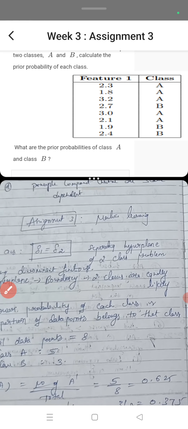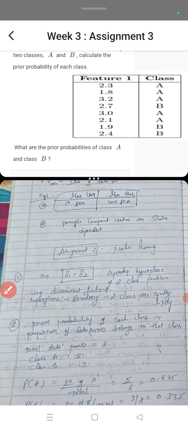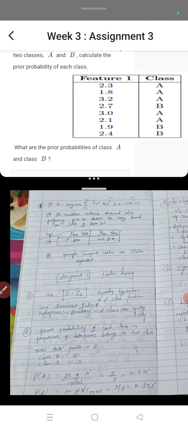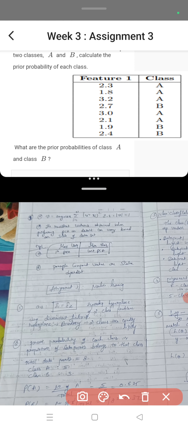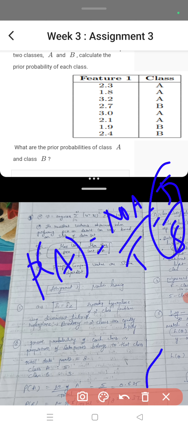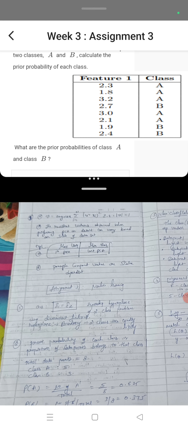The probability with respect to A is the number favoring A divided by total. The number favoring A is 5, total is 8. 5 by 8 is 0.625.